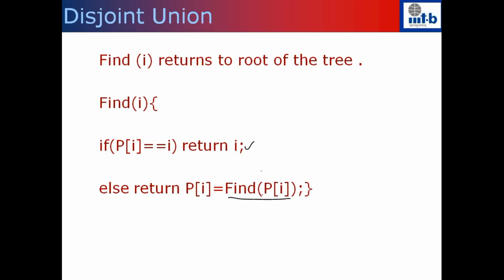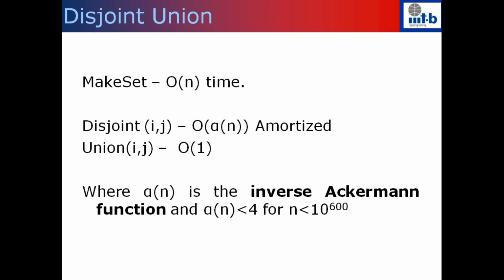Okay. So with this, what we are going to say is that disjoint, instead of order log n, will take alpha n amortized cost, where alpha n is called the inverse Ackermann function. So let's not worry too much about this function. What is known about this function is that alpha n will be smaller than 4 if n is smaller than 10 to the power 600.